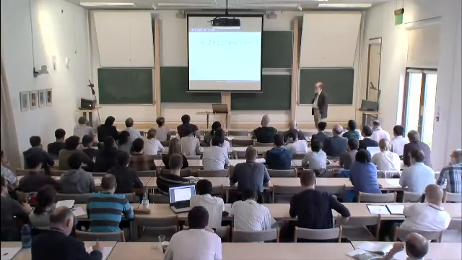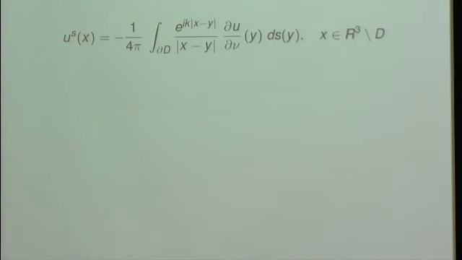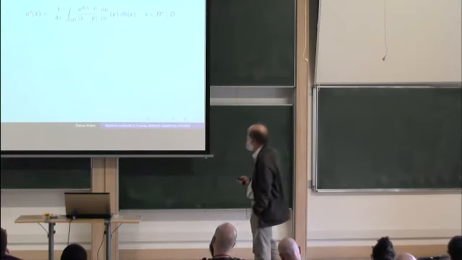And we start from Huygens principle. Huygens principle expresses the scattered wave in terms of the secondary sources on the boundary. These are the sources we actually saw in the second movie coming out from the boundary. The term Huygens principle is from physics, representing the scattered wave in terms of the secondary sources, and it's just manipulating Green's representation theorem for the incident and for the scattered wave, and adding this together.